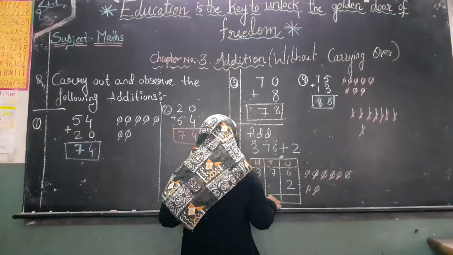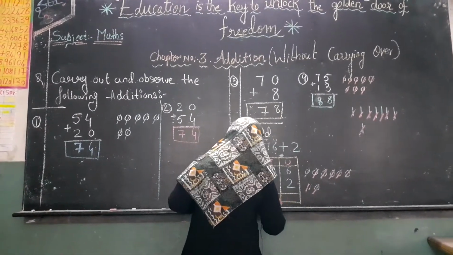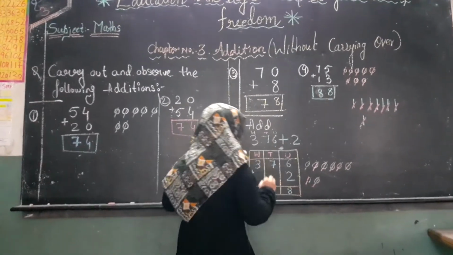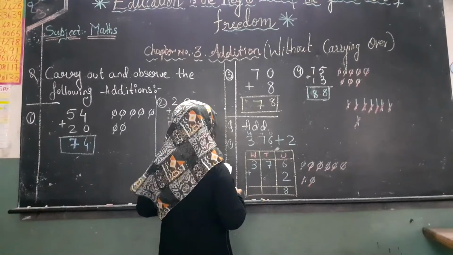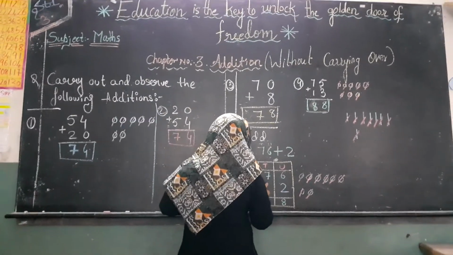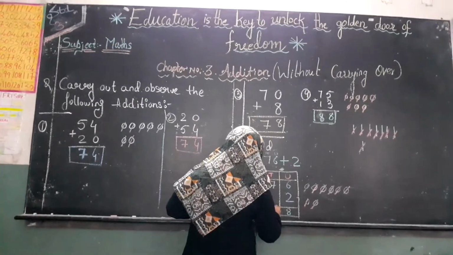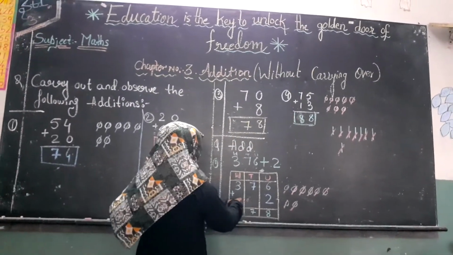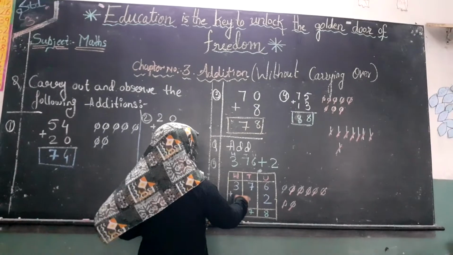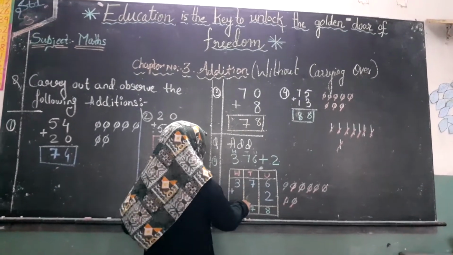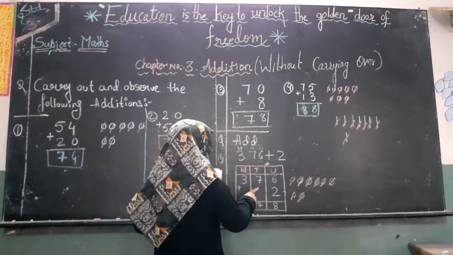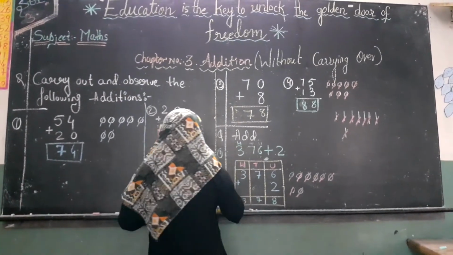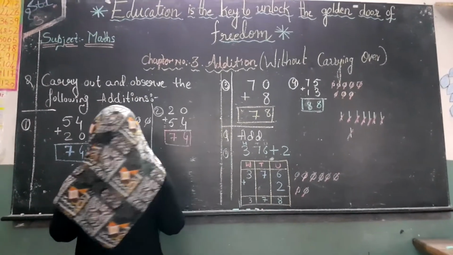Okay. Now the answer is 8. Okay. Now here we will write 7 and 3 because no number is here. Understood? If a number is there we have to add, but here there is no number, so we have to write it like that only. Have you understood, students?